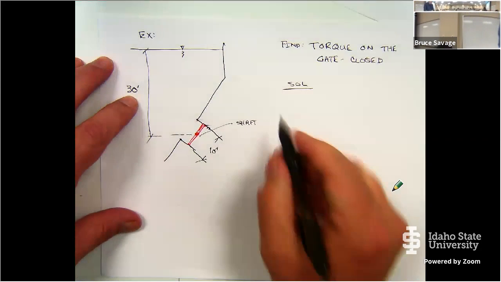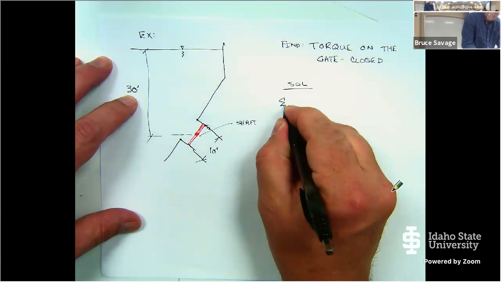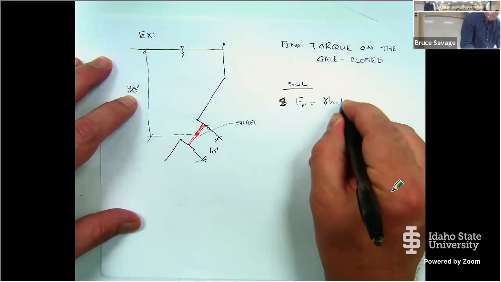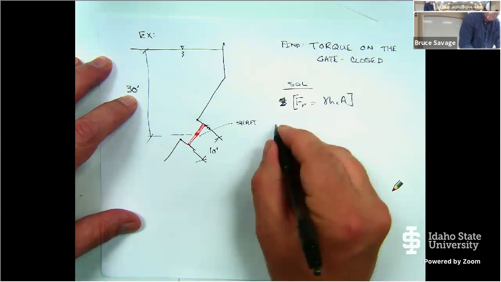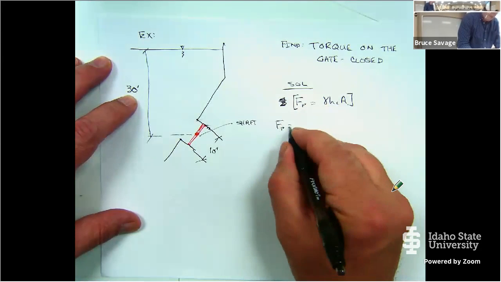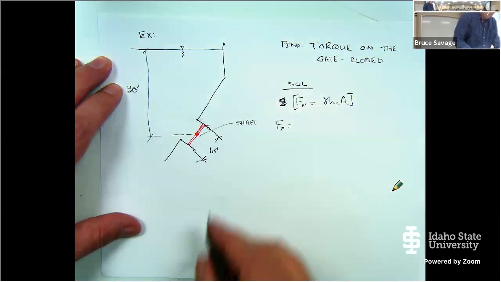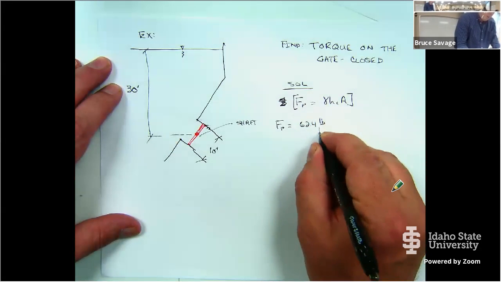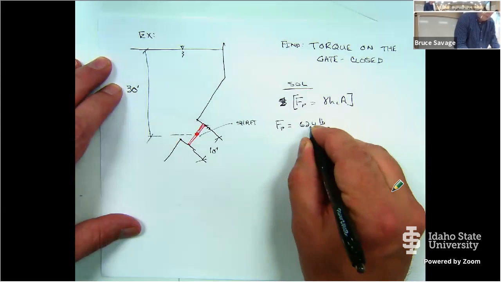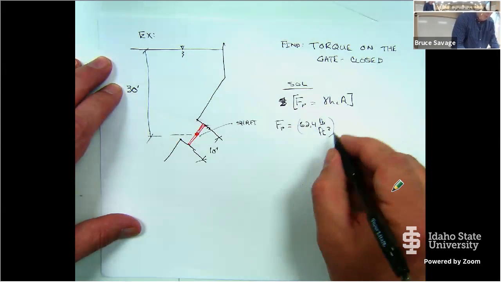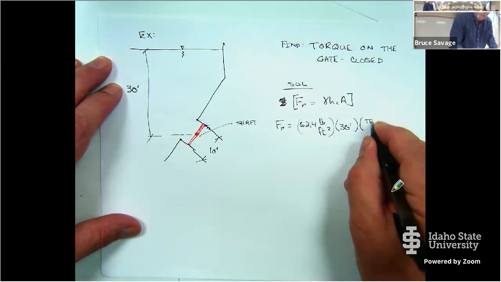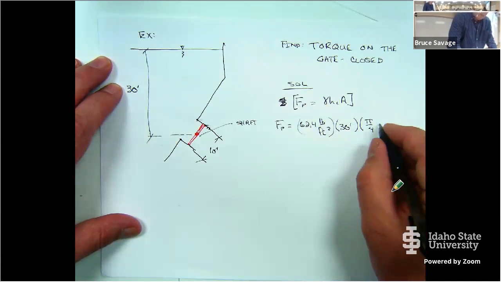We know that the total pressure force is equal to gamma h_c times A. So my pressure force is going to be gamma, and since this is water and we're dealing with English systems, 62.4 pounds per cubic foot. h_c then is 30 feet, and our area, because it's circular, is pi divided by 4 times 30 feet, or I'm sorry, 10 feet.